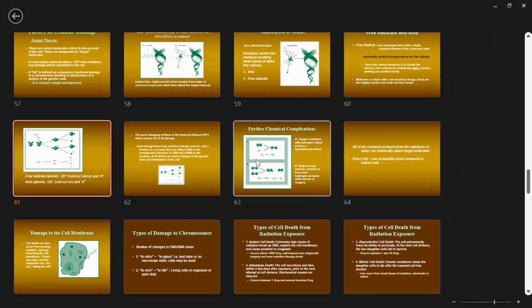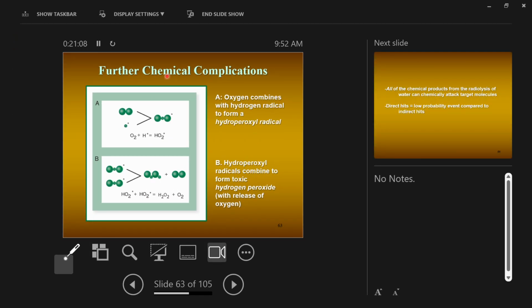So this can now lead to further chemical complication. Oxygen can combine with a hydrogen radical to form hydroperoxyl radicals. Here you have O2, which you have plenty of just floating around, right? You have oxygen in the cells of your body, and in the bloodstream, all that kind of stuff. So you have an oxygen molecule that is just trying to mind its own business, okay?